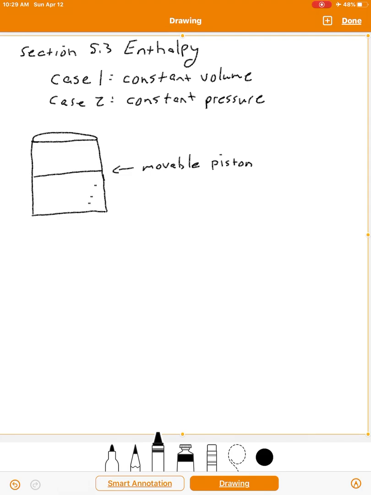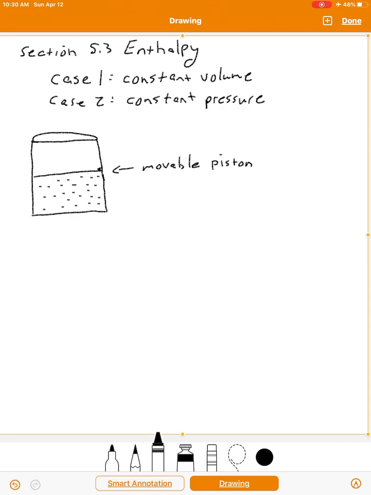Okay, and we're going to put a gas inside. So there's a bunch of molecules bouncing around in here. And what I'm going to do is I'm going to lock that movable piston in place.